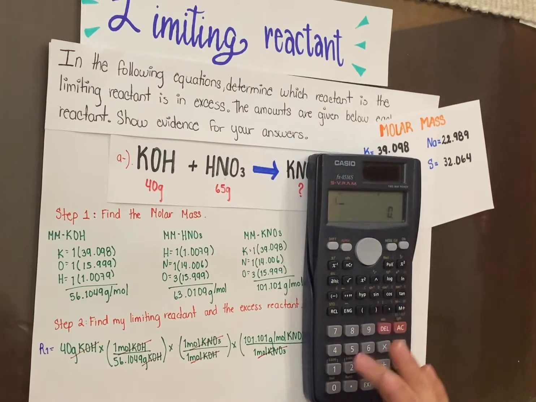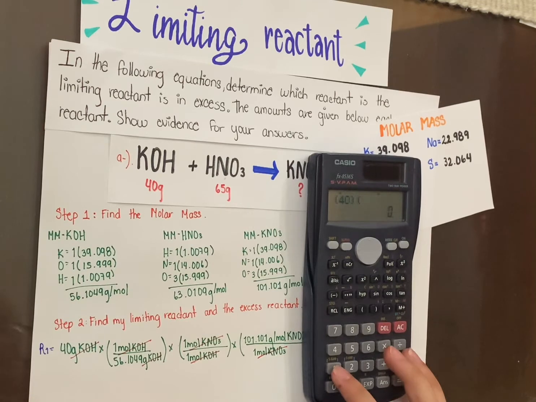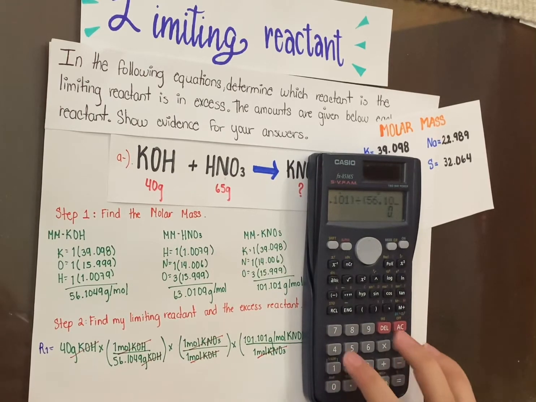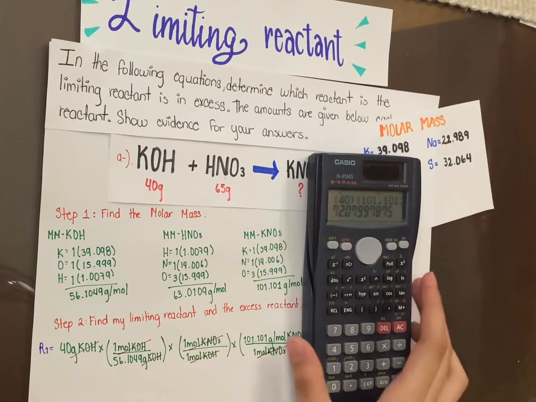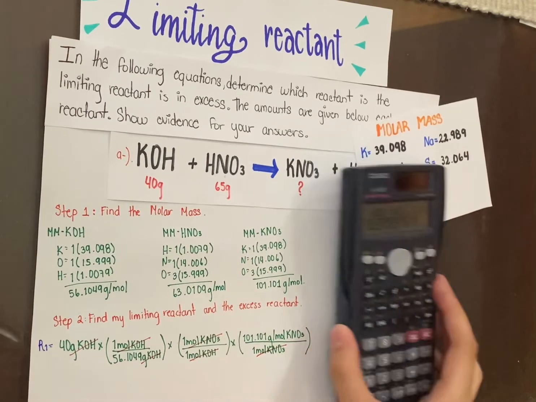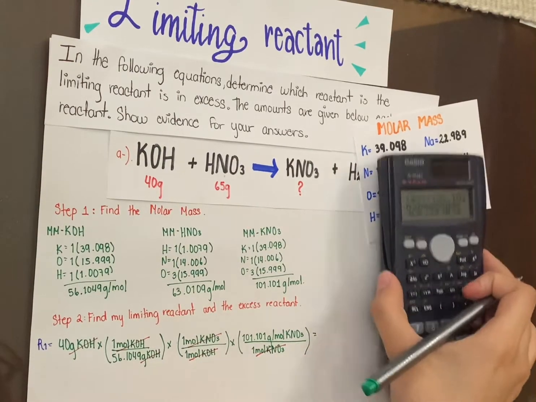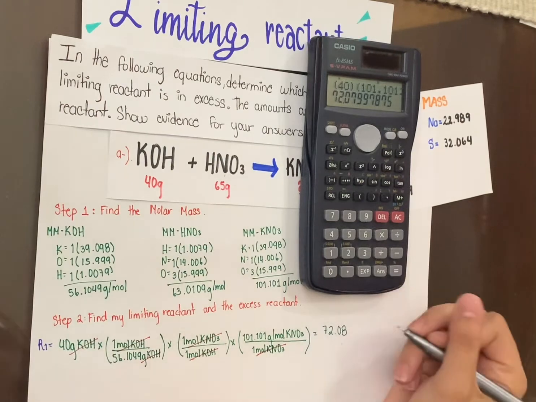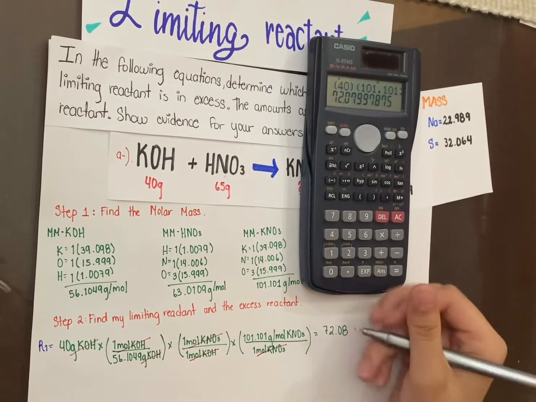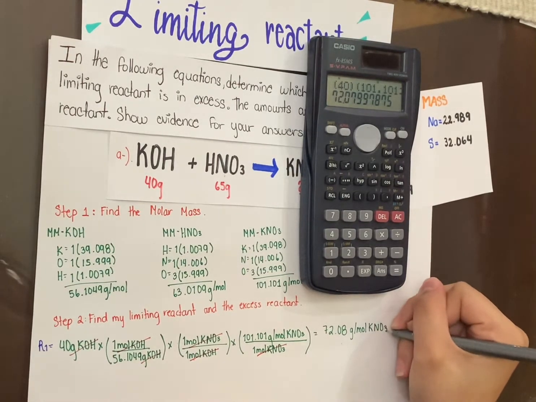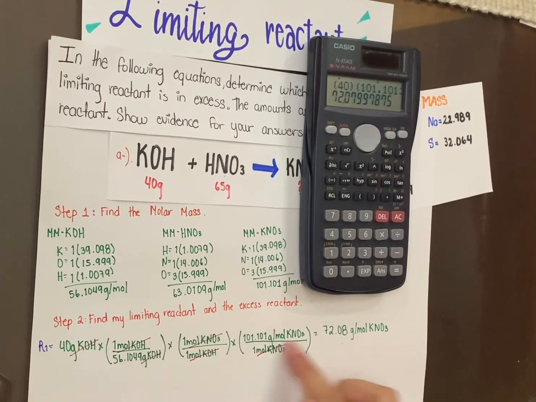So we make 40 times 1 and 1, that is the same, and 101.101 divided by 56.1049, and this will give me 72.079, and this I will round it to 72.08, and I will copy this over here, that is grams mole of the one that we were finding. So this is the first reactant.